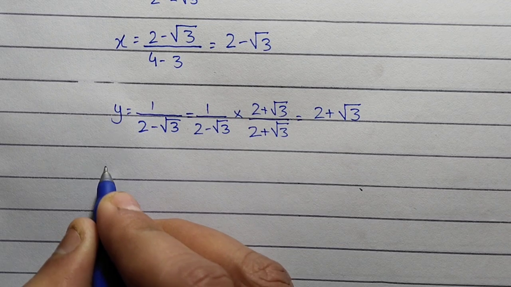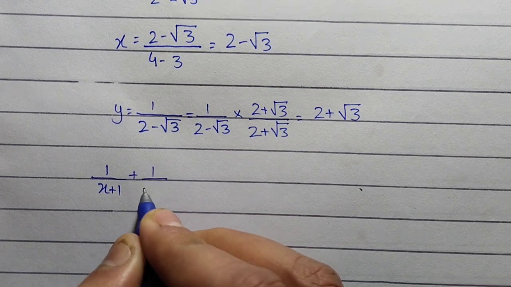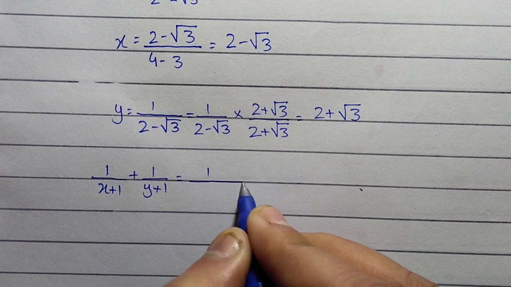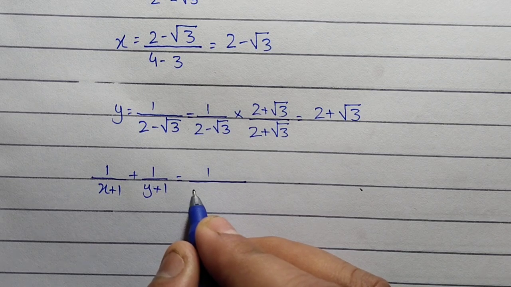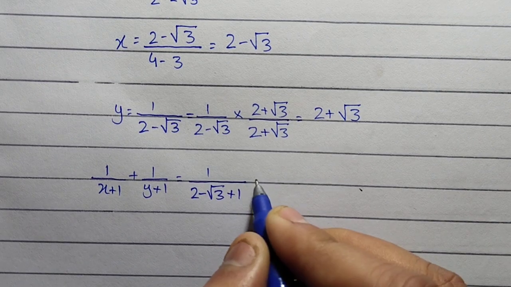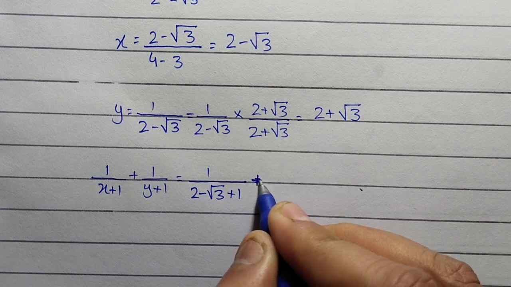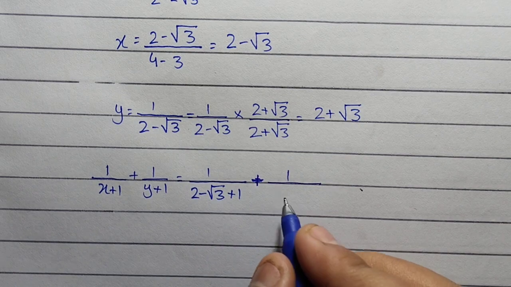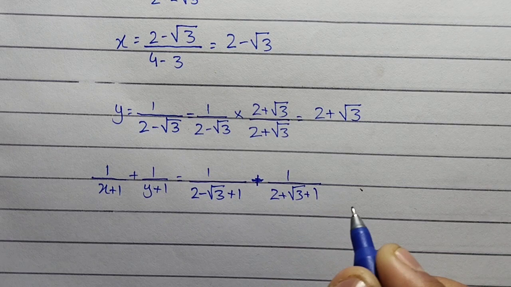Let us put these values. 1 over x plus 1 plus 1 over y plus 1 is equal to 1 over, what is the value of x? The value of x is 2 minus root 3, plus 1, plus 1 over, what is the value of y? 2 plus root 3, and then this plus 1.